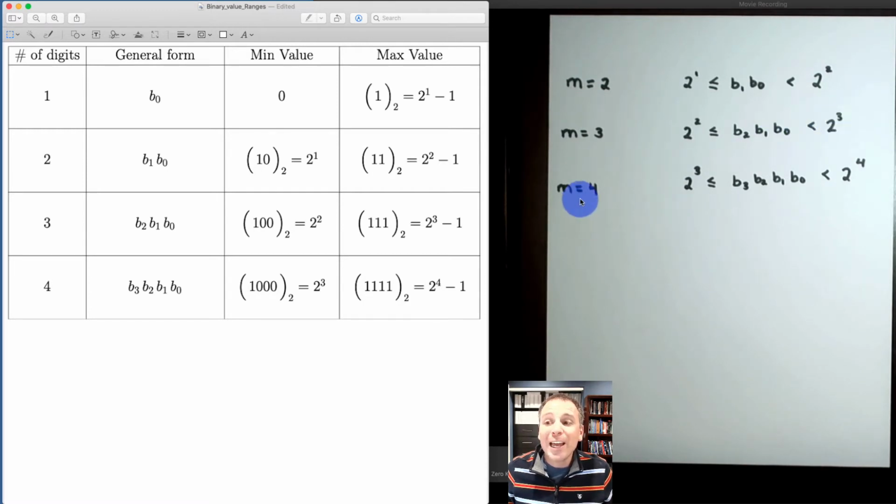When we look at m equal 4, which numbers are encapsulated using 4 bits? The smallest 4-bit number, the one that requires actual 4 bits to encapsulate, is 2 to the third, which is 8. In binary, that would be 1, 0, 0, 0. And the largest 4-bit number is 1, 1, 1, 1, which is 15, or 16 minus 1. In other words, this 4-bit string is strictly less than 2 to the fourth.